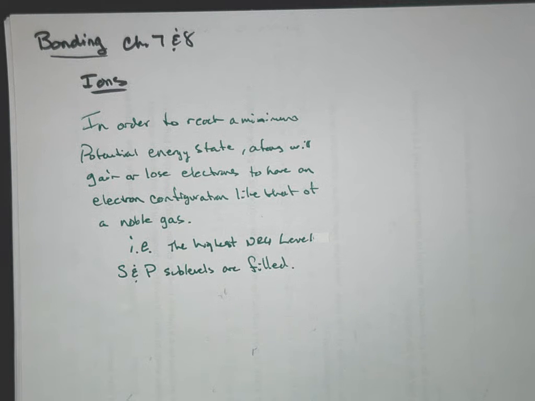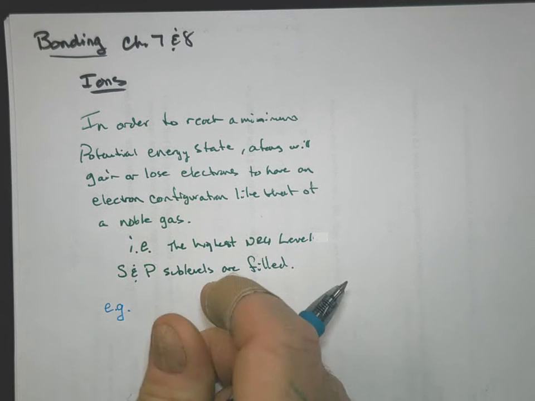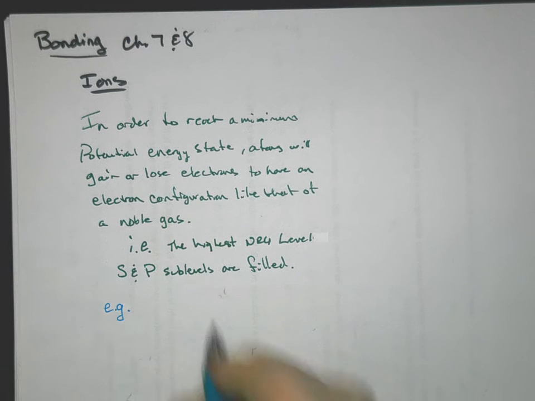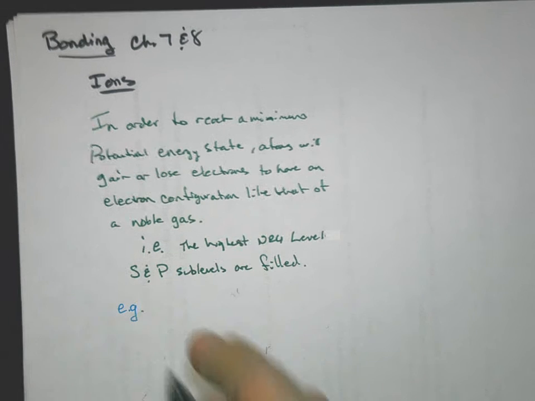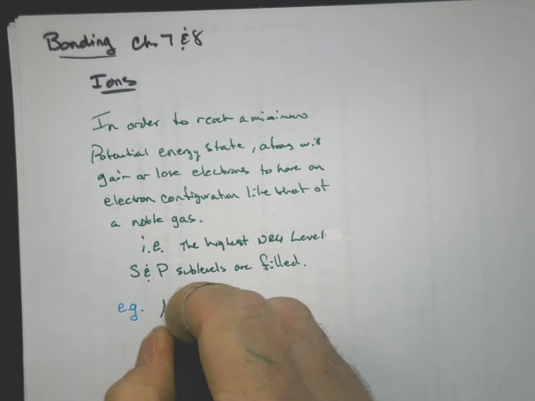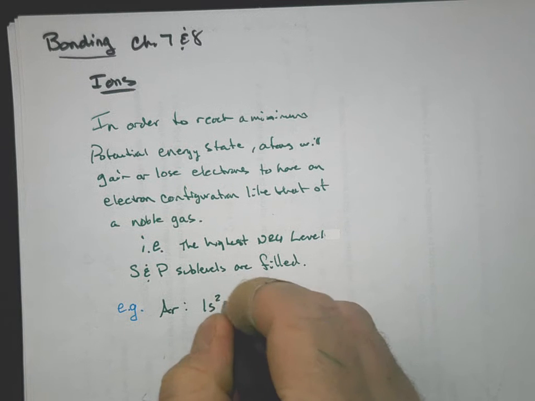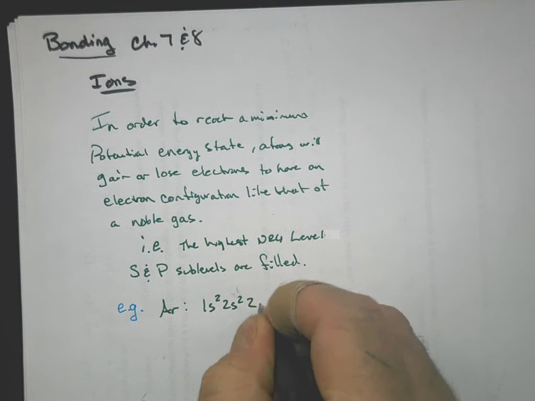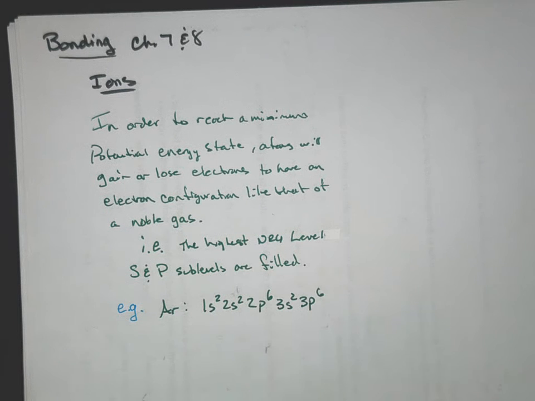E.g., for example, argon. Okay, in other words, this is the electron configuration for argon.